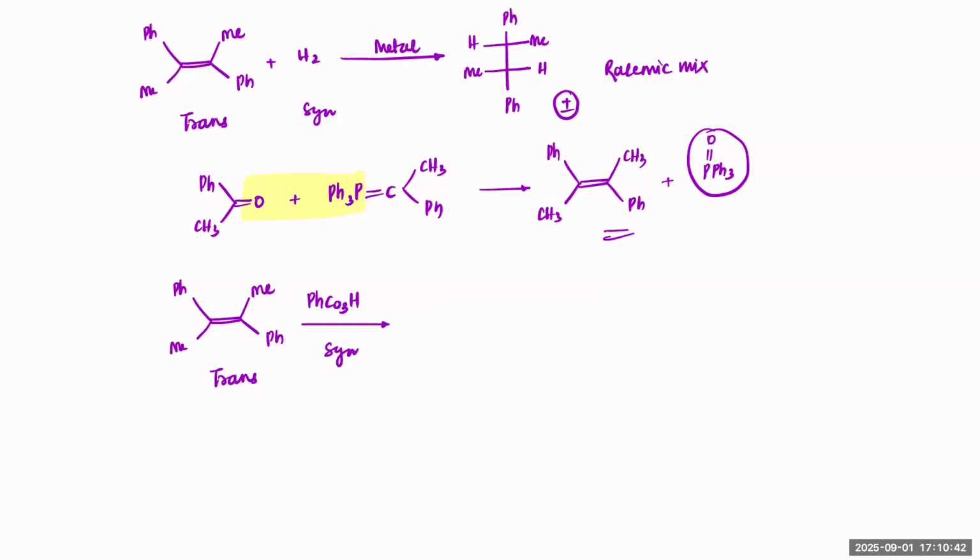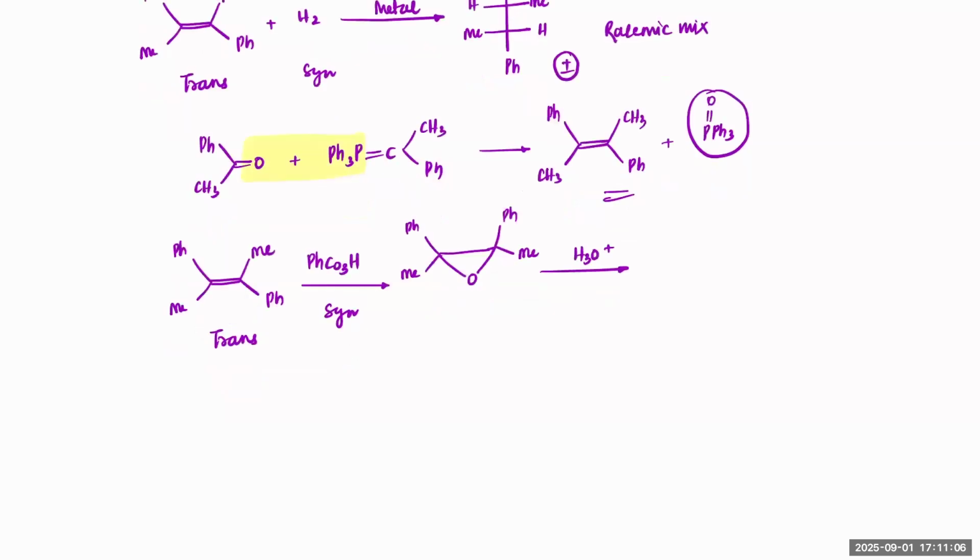Syn epoxidation means I will have oxygen like this with phenyl and methyl and phenyl and methyl. And as per the question, it said to follow with hydrolysis as well. Now tell me, will these two be on the same side or on the opposite side here? Look carefully. This is a trans. I make a syn addition. So I should get the syn kind, right?